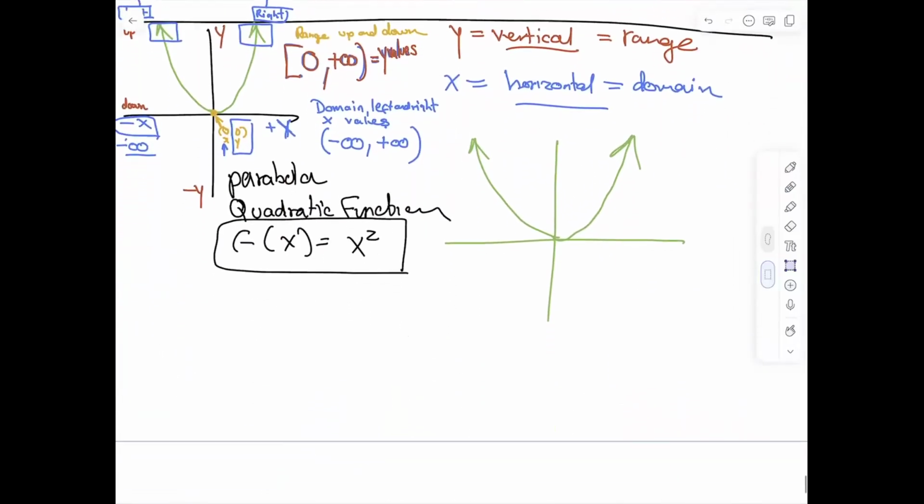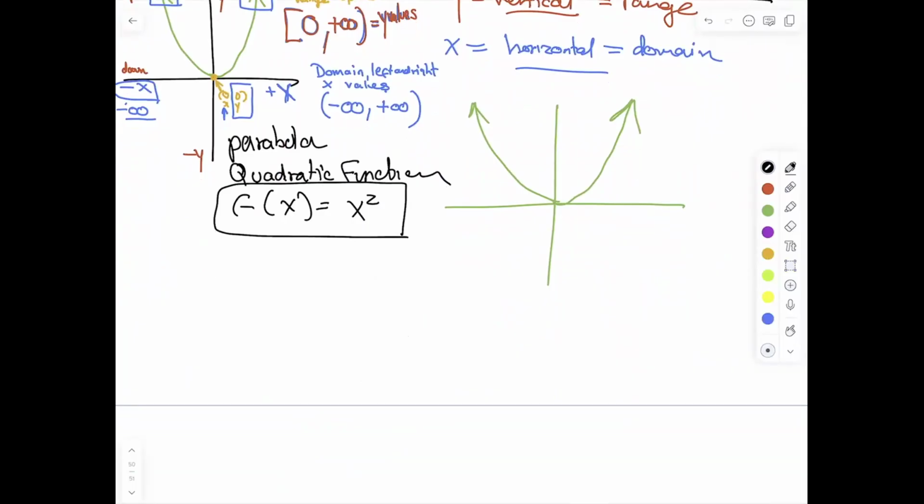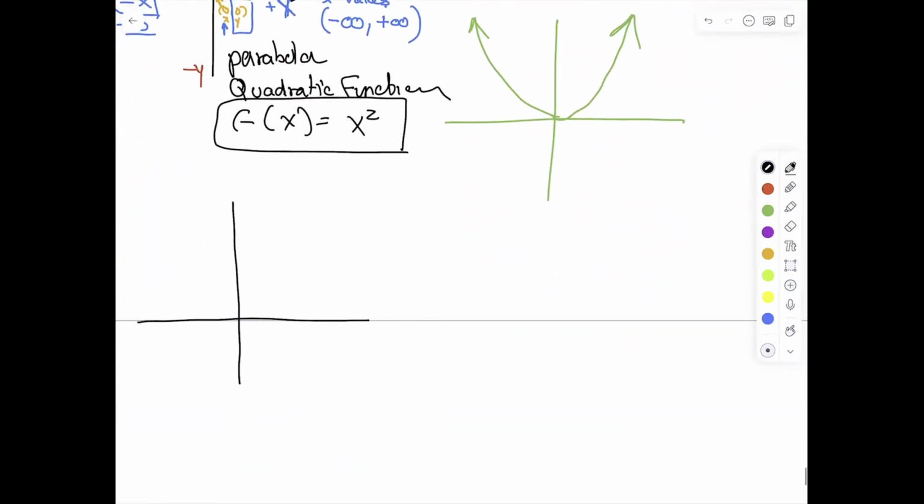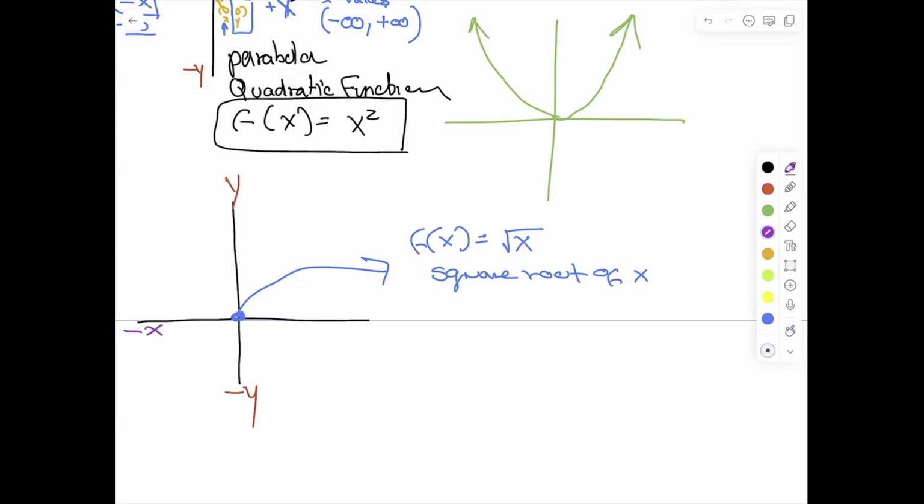All right. Now, let's do another function. Which function is this? This is square root of x. Now, this is my y. This is my x.